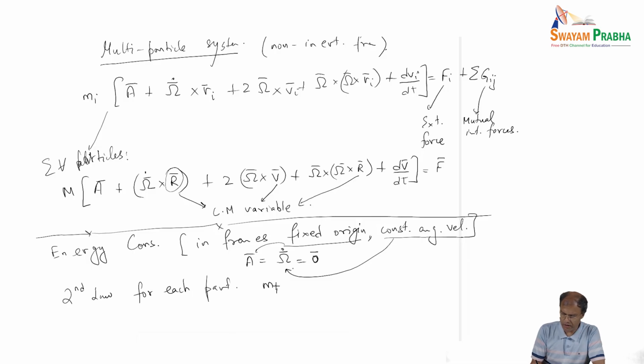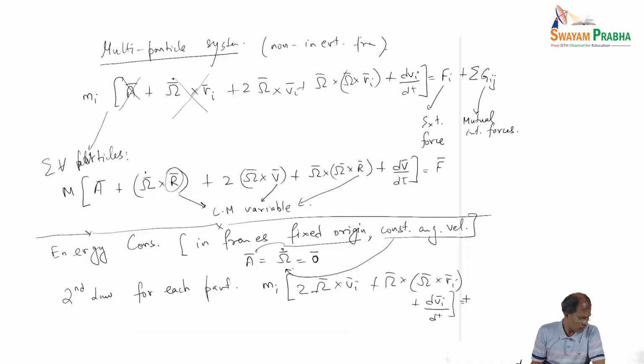We have the following equation now. So the first term vanishes and the second term also vanishes, and we are left with 2 omega cross Vi plus omega cross omega cross Ri plus dVi dt.